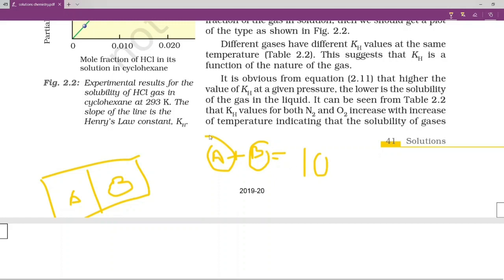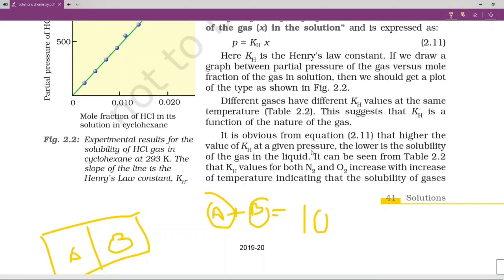The single contribution of A or B in the total pressure is expressed in terms of partial pressure. Partial pressure is nothing but the pressure which A would apply, assuming that the whole room was filled with A only. In a similar way, the partial pressure of B is defined as the pressure which B would apply, assuming the whole room contained only B gas.